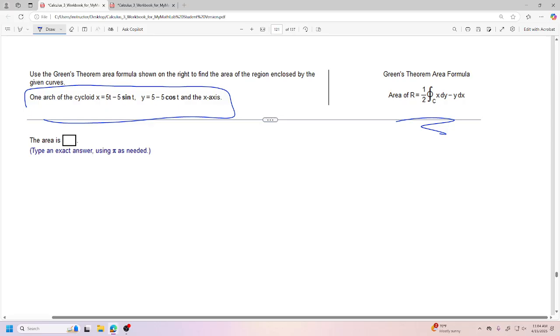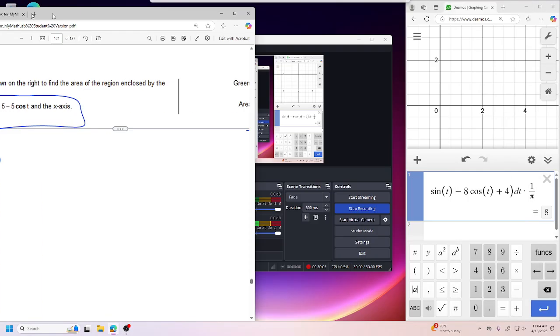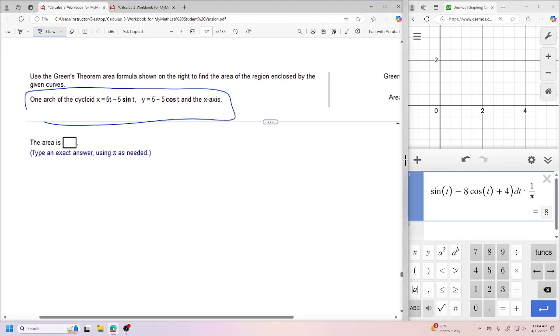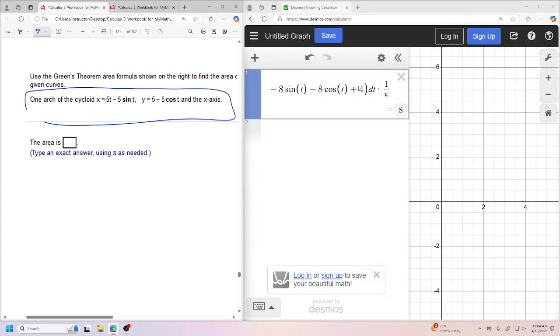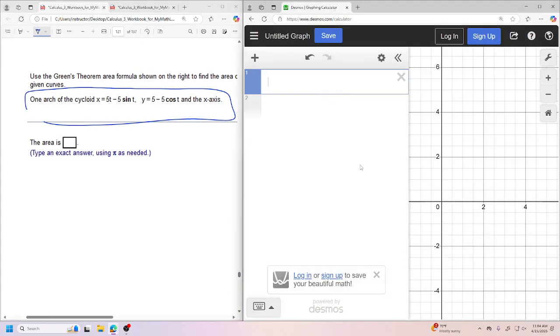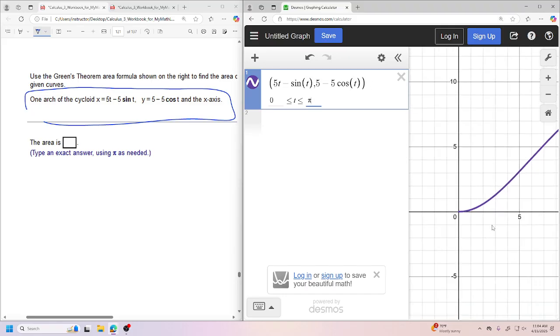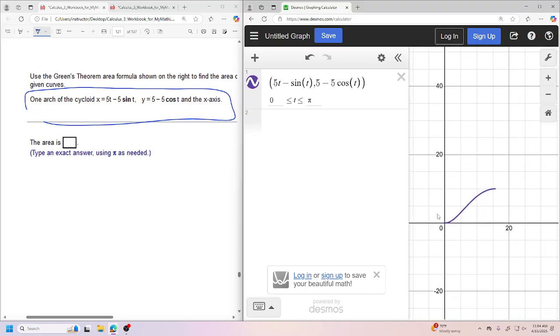My goal right now is to graph this and see what we can come up with. Notice again that I'm using the parentheses and all that stuff. And then I'm going to go from 0, probably to pi or 2 pi or something. I don't know. So we got that. 2 pi. Okay.